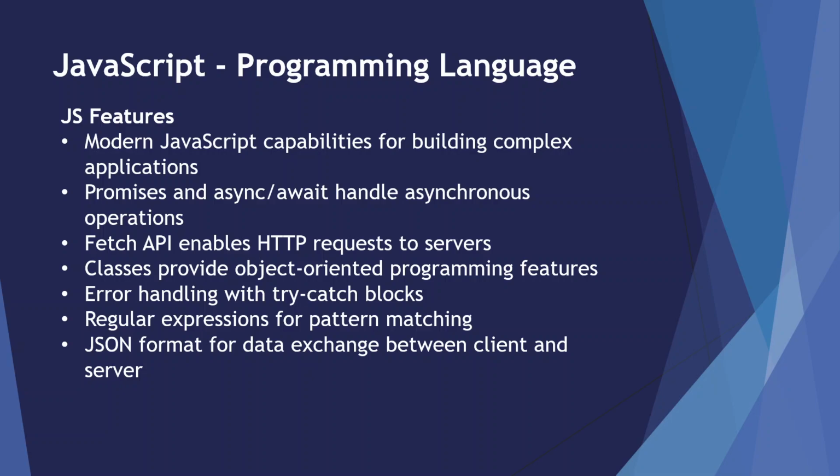Fetch API enables HTTP requests to servers, and classes provide OOPS features. Error handling can be done using try catch blocks, and regular expressions can be used for pattern matching. And JSON format is used for the exchange between client and server.